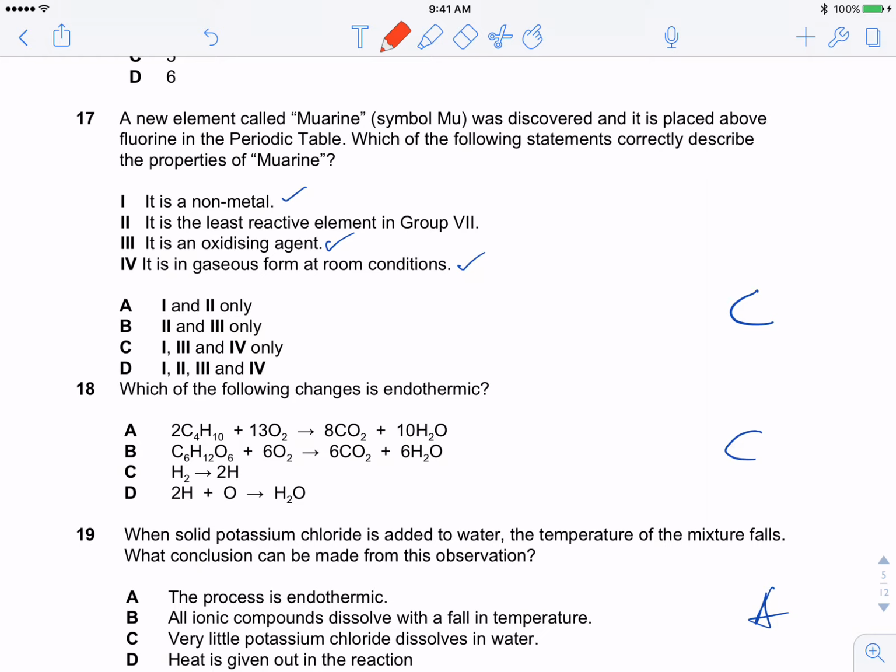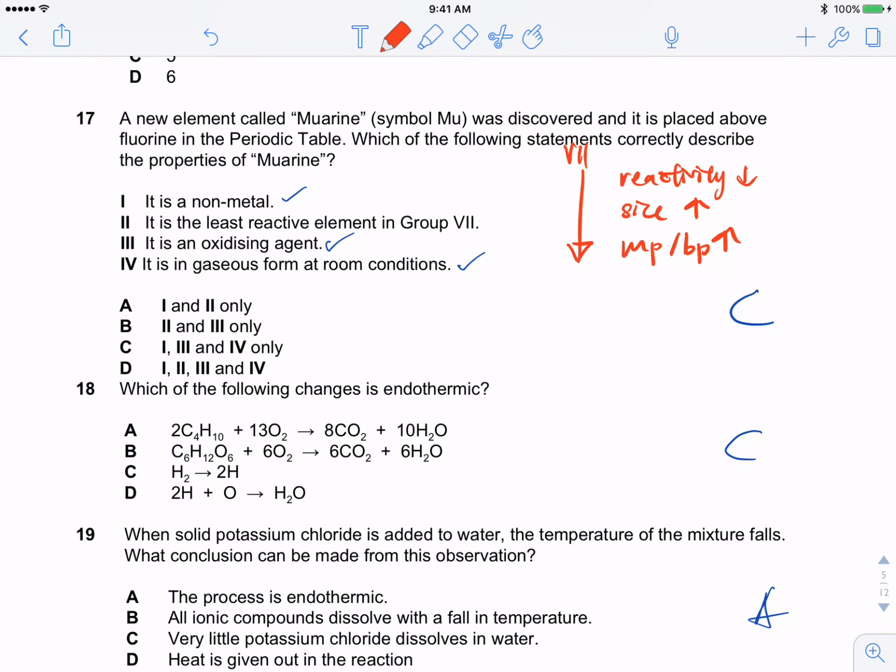Question 17. A new element called murane was discovered and is placed above fluorine. Which of the following statements correctly describe the properties of murane? First of all, it is a non-metal, definitely, because it's in group 7. It's the least reactive element in group 7. So now you need to recall, for group 7, how does reactivity change? Reactivity decreases down the group. The size should increase down the group. Melting and boiling point should increase down the group.